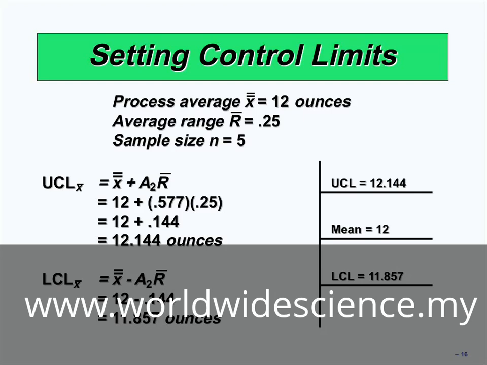When you calculate the average of them, for example, 12.144 plus 11.857 divided by 2, it produces 12. Exactly the same as the method you have calculated the x bar bar.